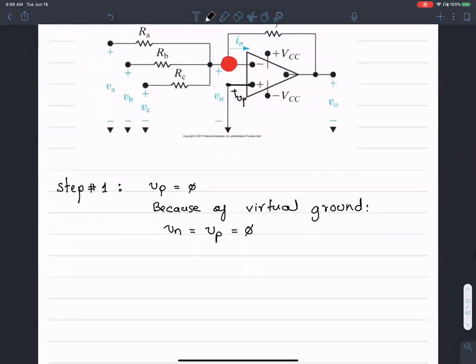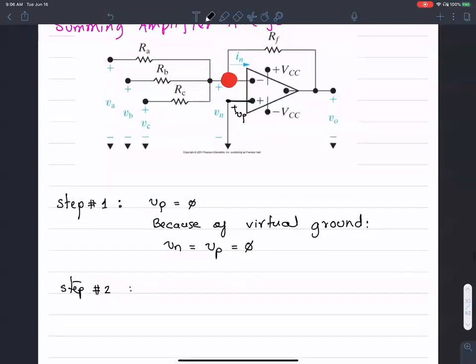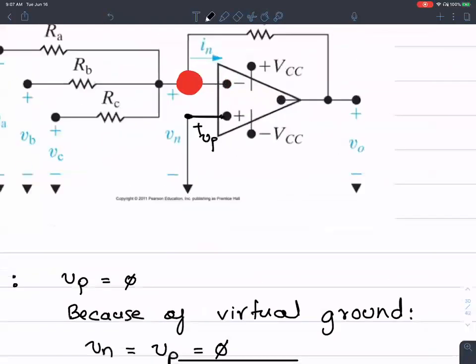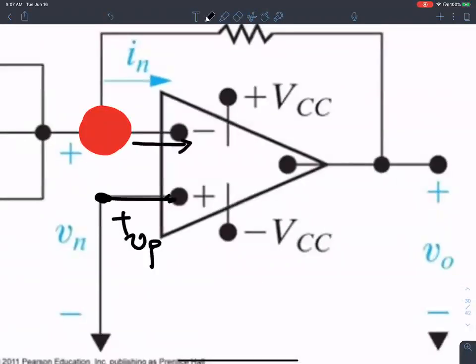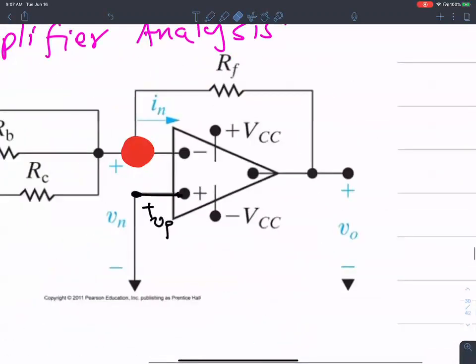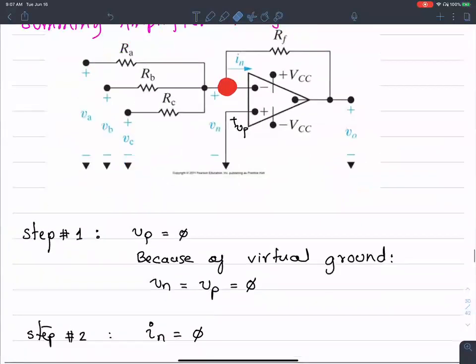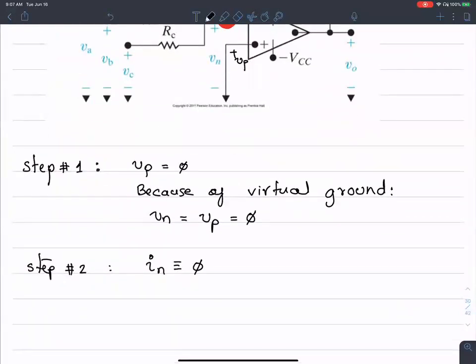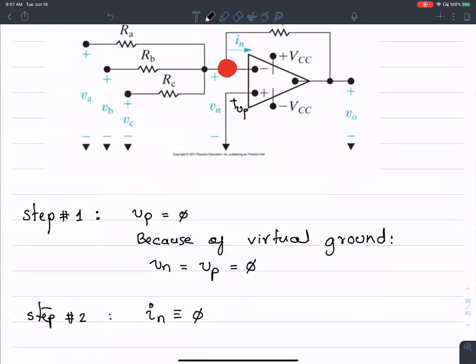Step number 2 is to notice that IN, the current going into the op-amp over here, is essentially 0. That's the application of the two ideal op-amp assumptions that we discussed. So IN is essentially 0. The current going in is 0.